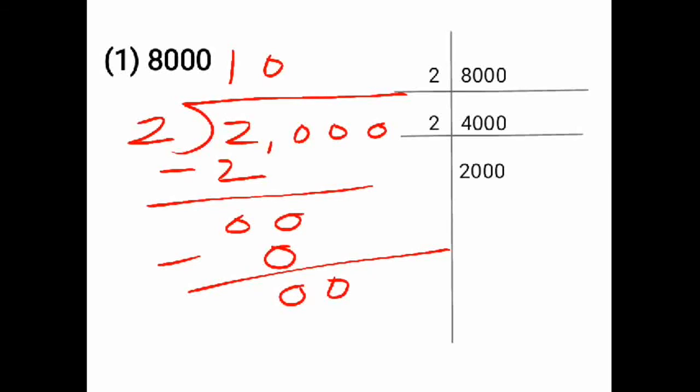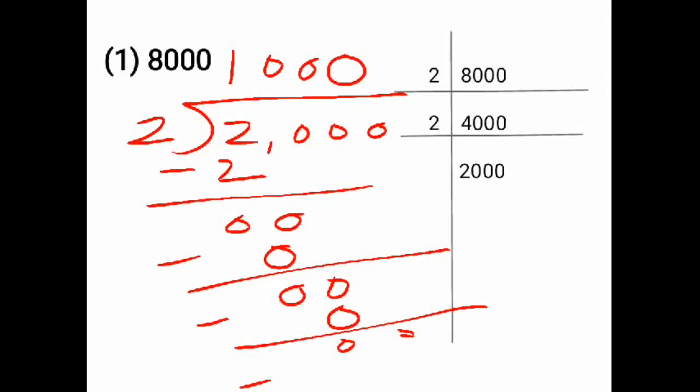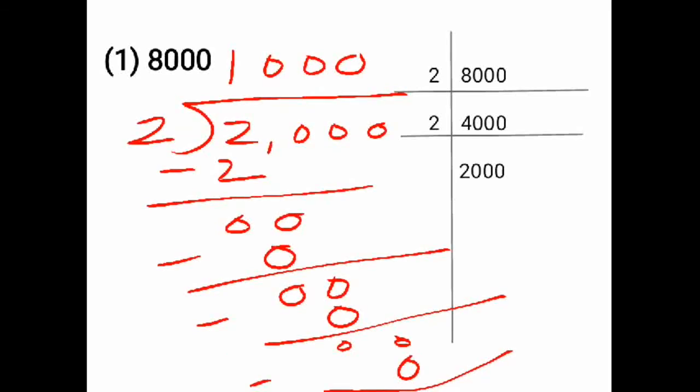Second 0 bring down. 2 zeros are 0. Then last 0 bring down. 2 zeros are 0. That is 2 into 1000.